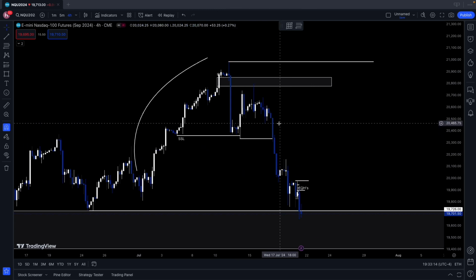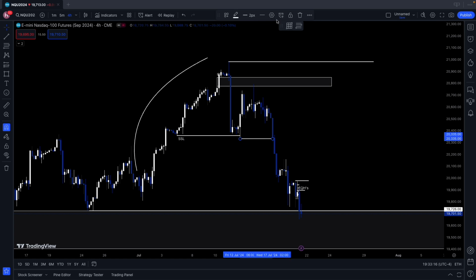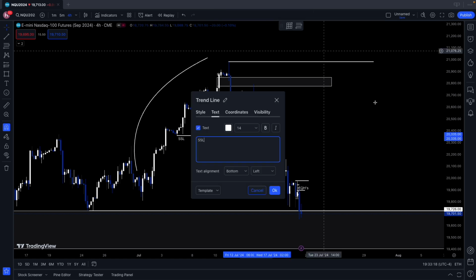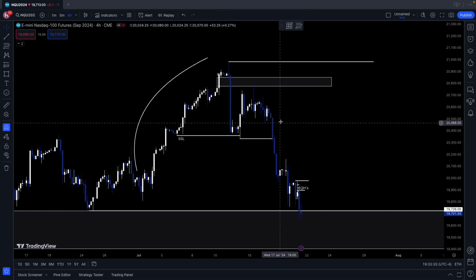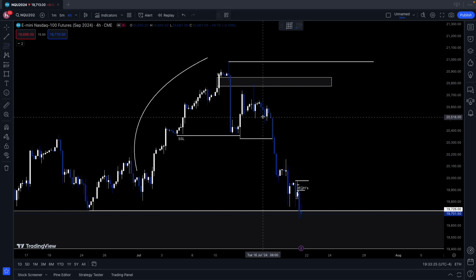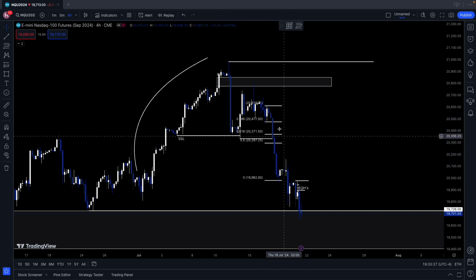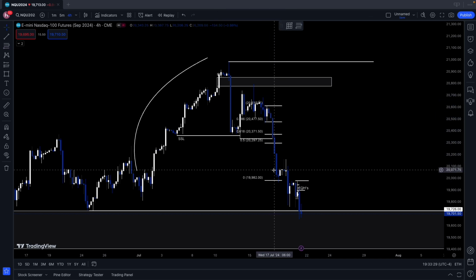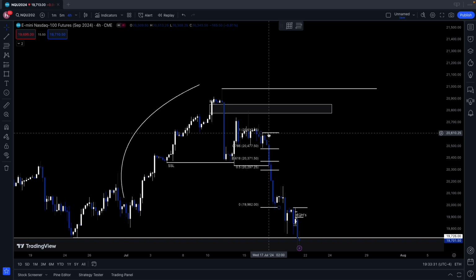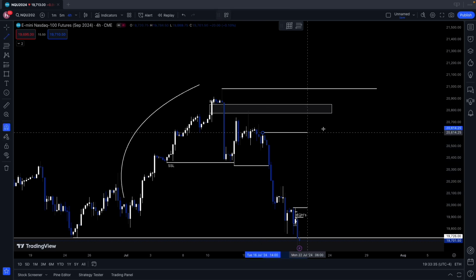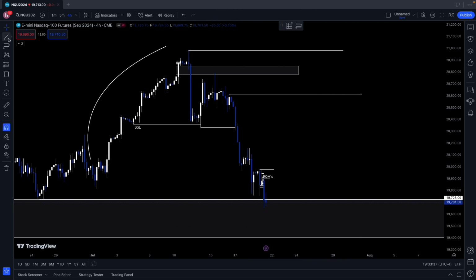As you can see, after we reached past this external range liquidity right here, we kept expanding, forming this internal range right here. This would now be our dealing range. So this right here is our external range buy side liquidity, and this right here is our external range sell side liquidity.